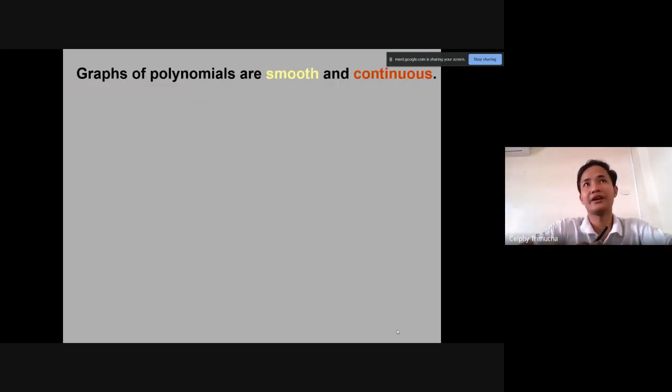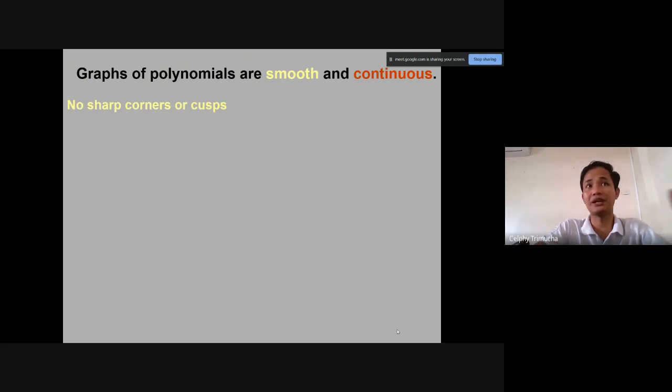So if we have to identify kung ginhatag sa aton, for example, ang graph, and we have to identify kung polynomial na siya or hindi. So, paano natin mabalaan? So, graphs of polynomials are smooth and continuous. So, kinanglan natin tandaan. So, if hindi smooth or hindi continuous ang certain graph, hindi siya natin ma-identify as polynomial. So, here are the properties na pwede natin i-consider for a certain polynomial kung magtanaw kita sa graph.